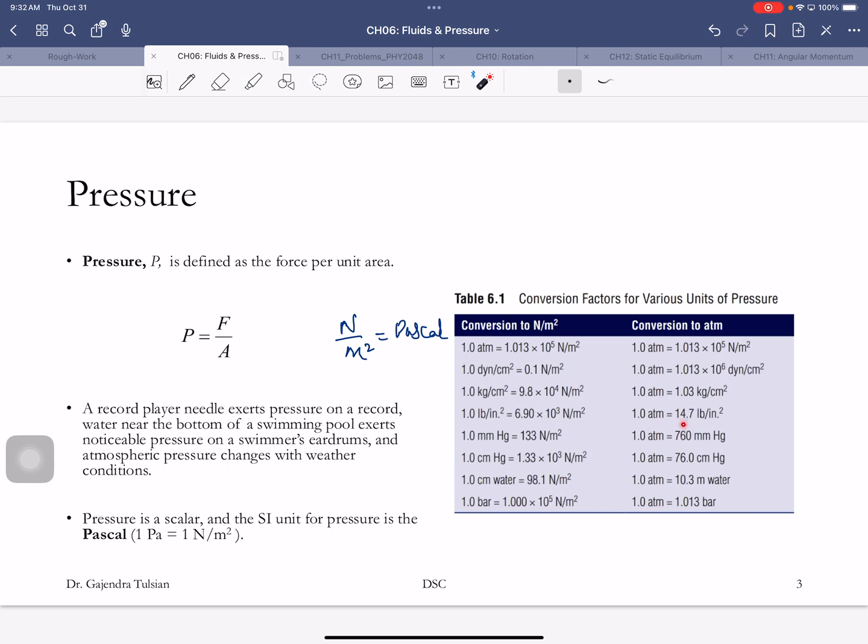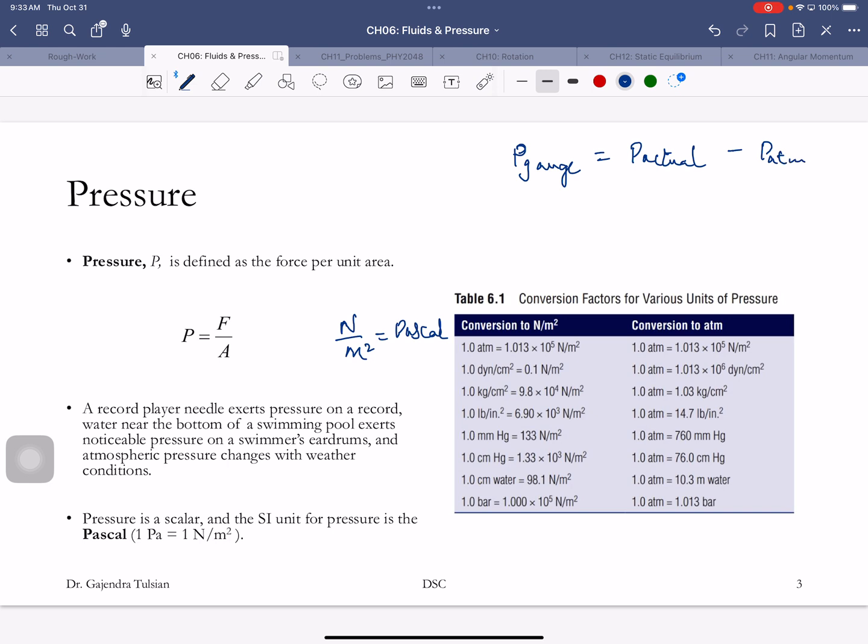We'll come to this in a little bit, but the 35 psi in your tire is a gauge pressure. It's called a gauge pressure because gauges measure that pressure. It's the actual pressure minus the atmospheric pressure.